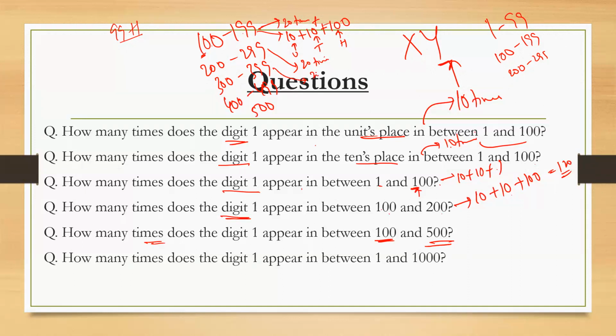Here, how much is it? 20 times. Here, how much is it? 20 times. Now, what about 500? Is there any digit 1 appearing in 500? It's not there. So, a total, when you add it up, it is 20, 20, 20, 20. That is 80 plus 100, that is 180. It appears 180 times.